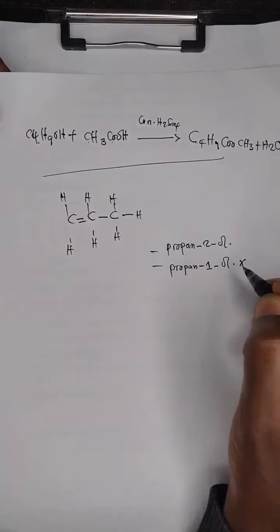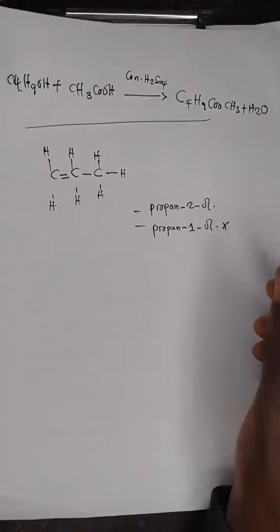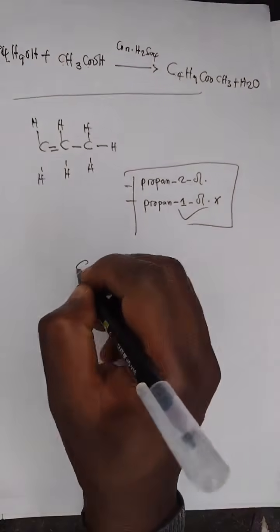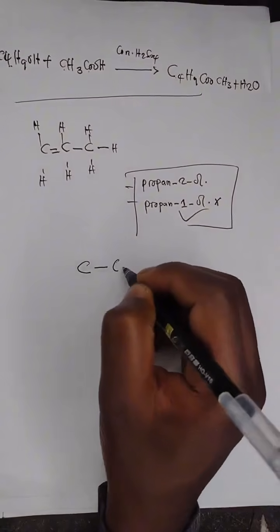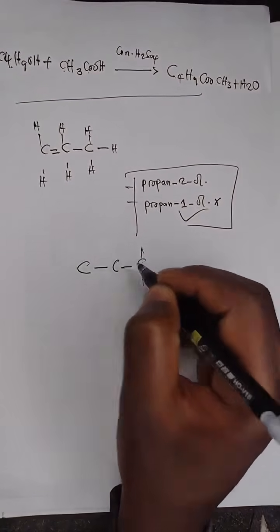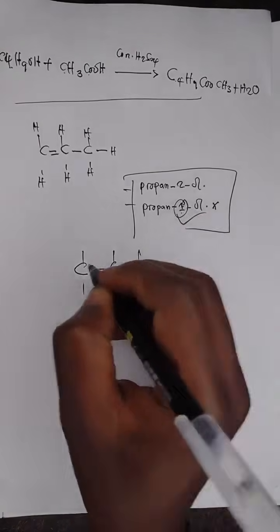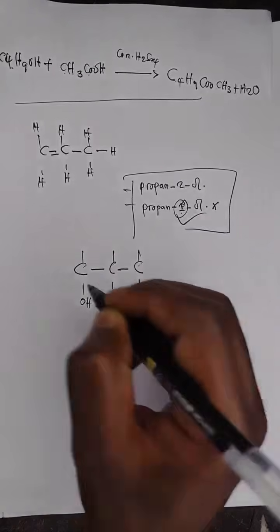So this is the minor. Okay. So they're asking us to draw the displayed structure of the minor, which is propan-1-ol. So we're just drawing the structure of propanol. This 1-ol means that the functional group is at carbon 1.